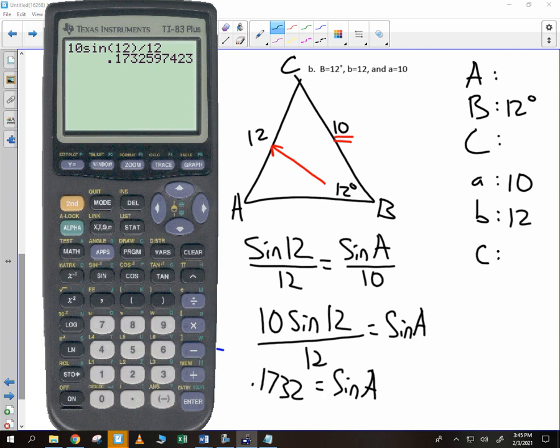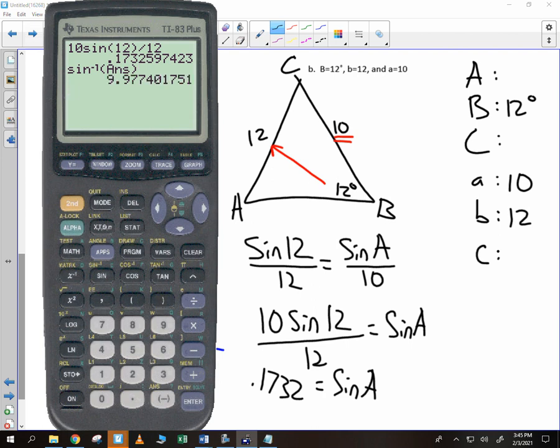Hopefully you remember how to find an angle from our last test. Instead of pressing sine, you press second sine of 0.1732. Or if you press second answer, which is the negative key, it will simply take that 0.173 on your calculator and pop it back in there.